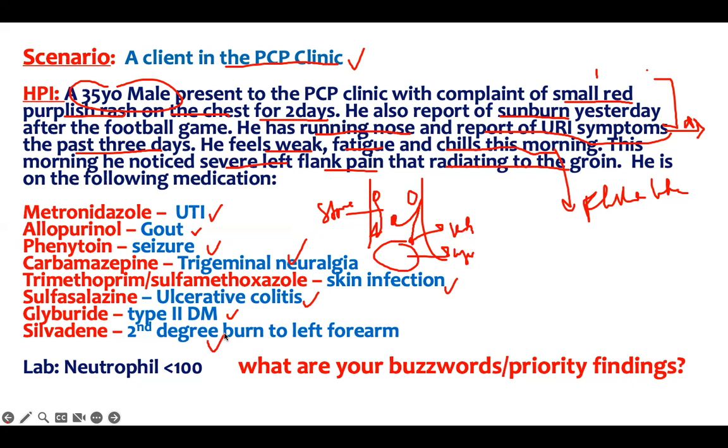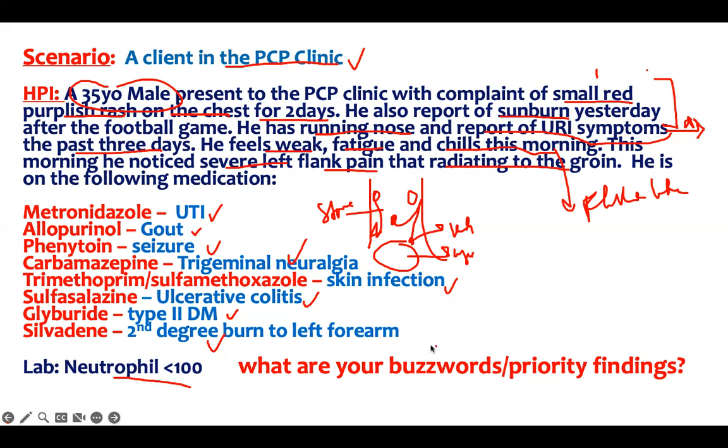You see, one person has a bunch of medications and medical problems. I intentionally said it, and you know what I'm trying to do. This is to give you an idea that these medications can be common; a lot of people can be on them. When you do lab work, the neutrophil count is less than 100.